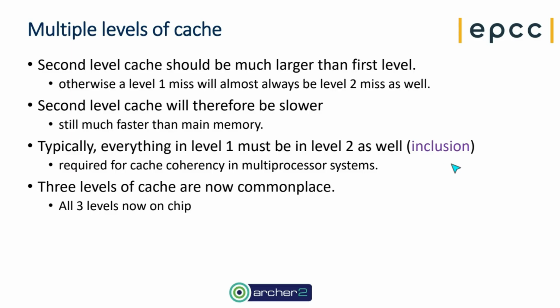Because typically, to make the bookkeeping tractable, all the data that's stored in level 1 must also have a copy in level 2. That's a requirement to make keeping track of where everything is easier.